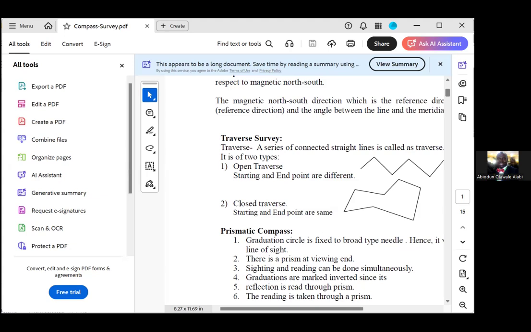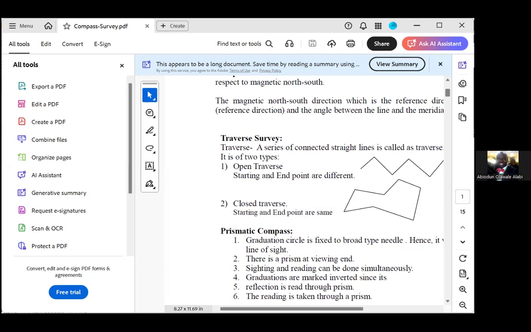And in chain surveying, I think I gave it as an assignment. We have different types of chain. We have the surveyor's chain, the engineer's chain, and the Gunter's chain, and I said go and study the properties of those chains.